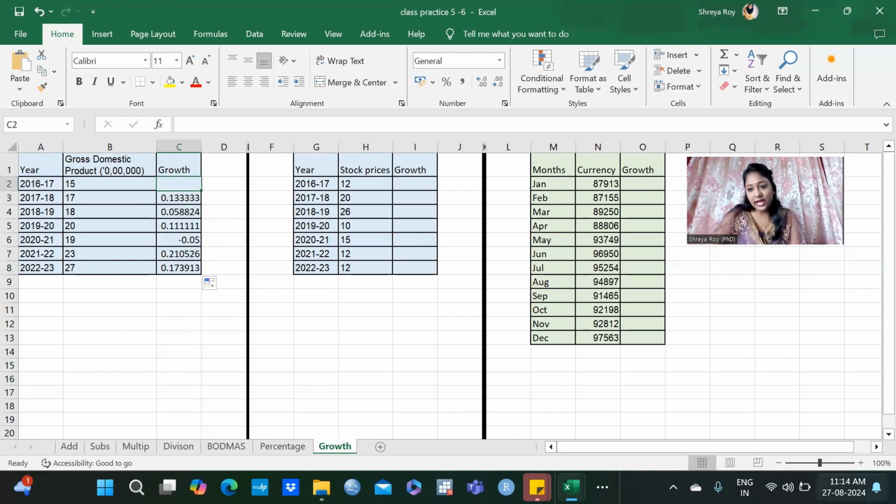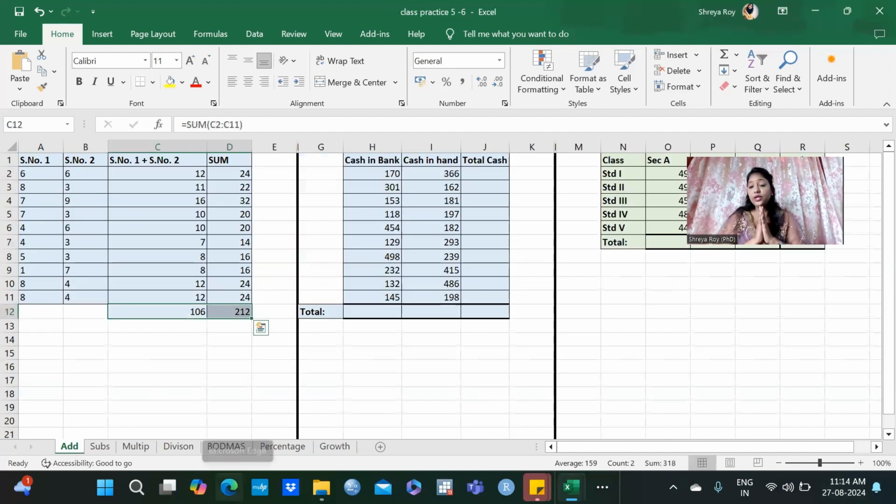Now you might ask why I have left this one blank, because obviously we do not have the data for 15, 16. If we would have the data, we could have filled it. But for growth, always the first value is left blank. Now let's change them to percentage to get the growth rate. Okay, so these are the growth rate, and this is obviously a negative, hence negative growth rate.